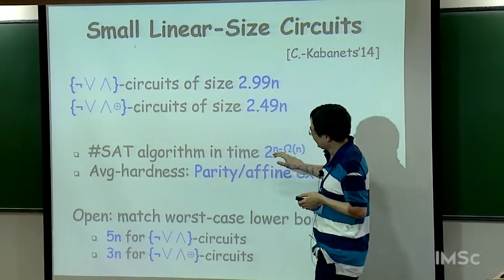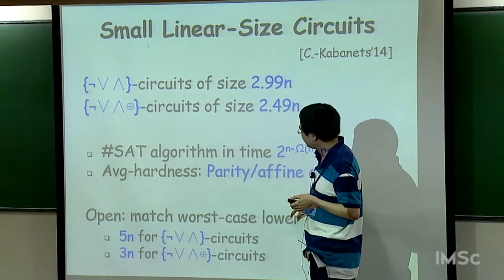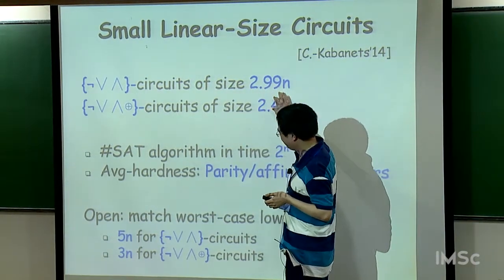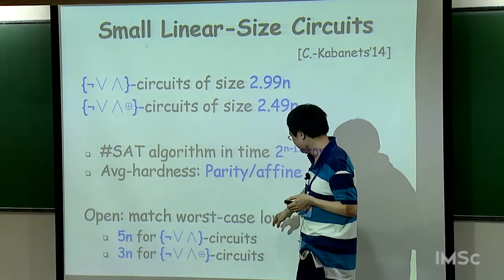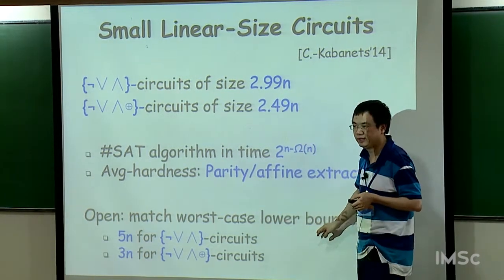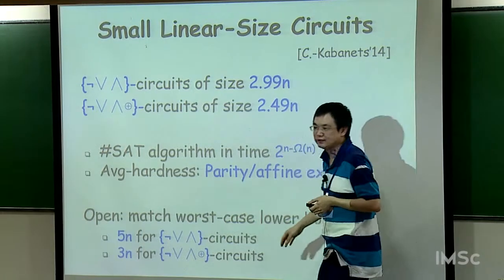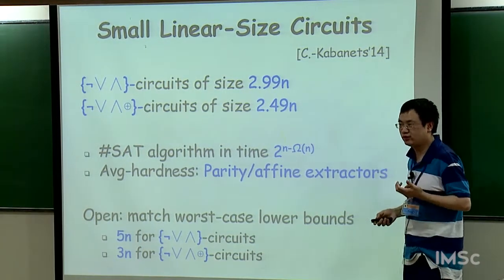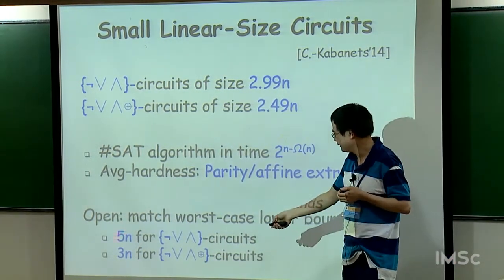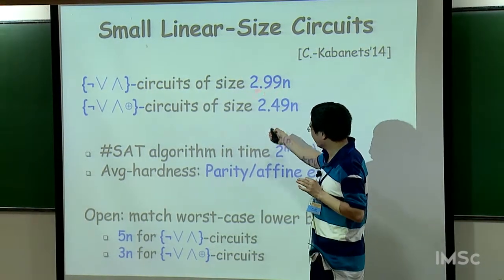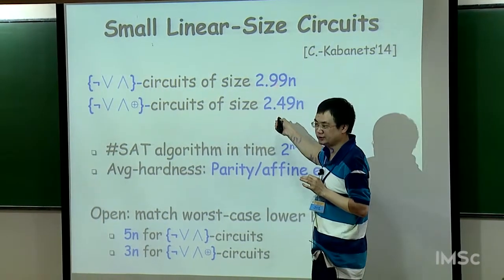So one open question is that the results we get here, we still have a gap to match with the worst case lower bounds. Because for circuits over De Morgan basis, the worst case lower bound we have is 5n. But here we can only manage to get average case lower bound for size almost 3n.